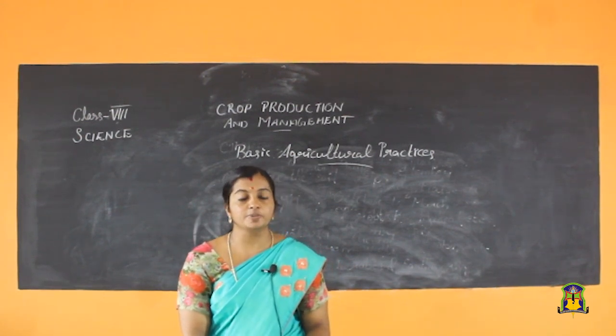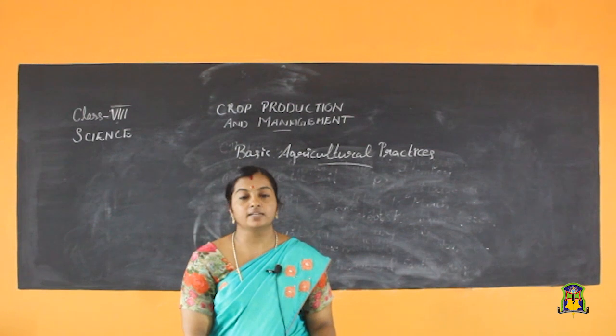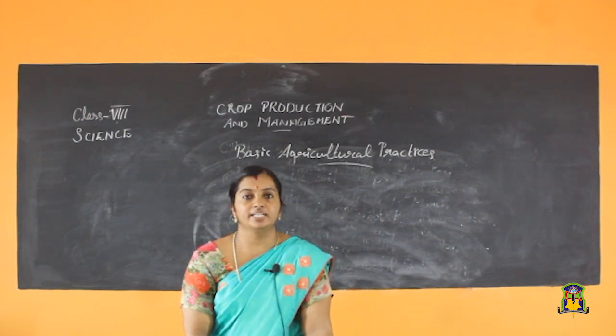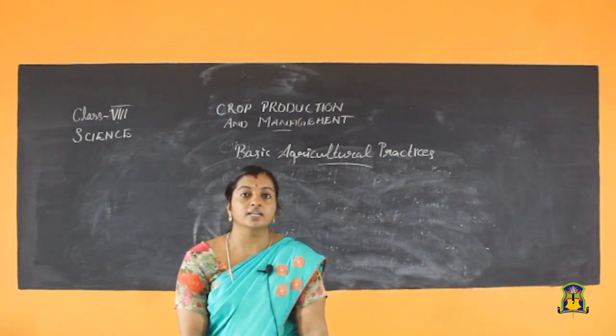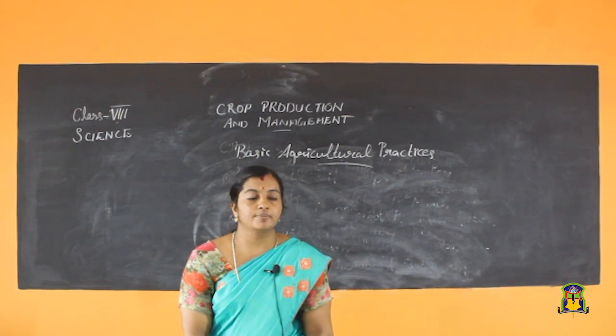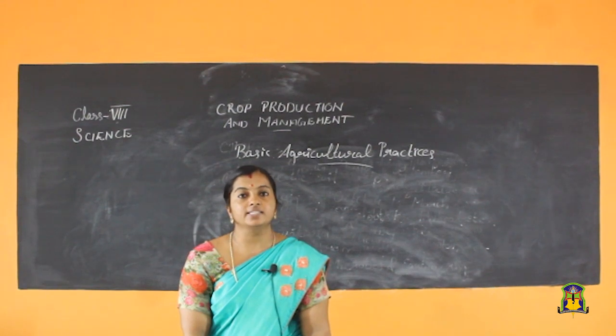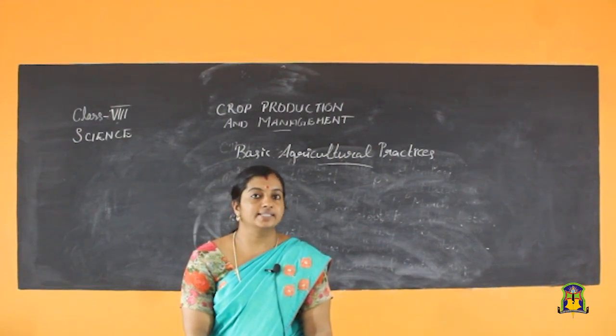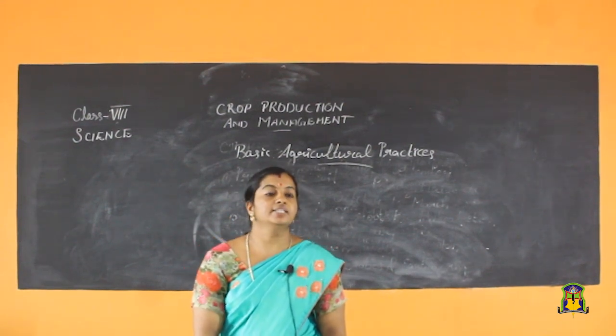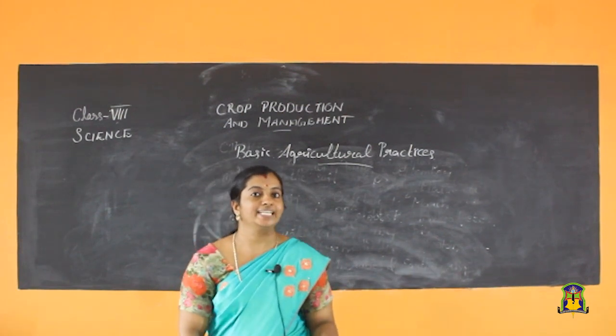They are kharif crops, cultivated in the rainy season, then rabi crops cultivated in winter and zaid crops cultivated in summer. Then we discussed the basic agricultural practices: preparation of the soil, then sowing, adding manures and fertilizers, irrigation, protecting from weeds, then harvesting, and the last step is storage. Then we discussed the preparation of the soil in detail.